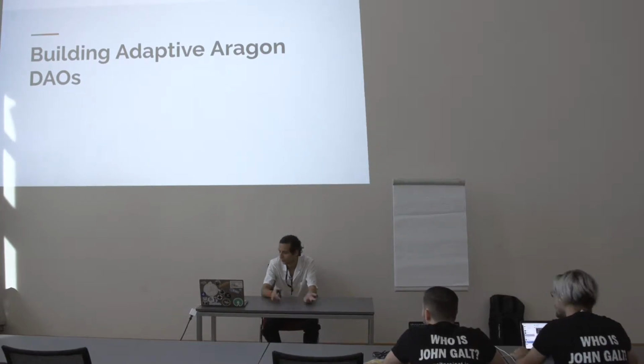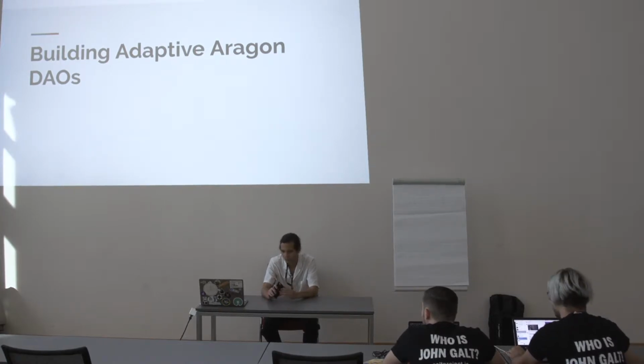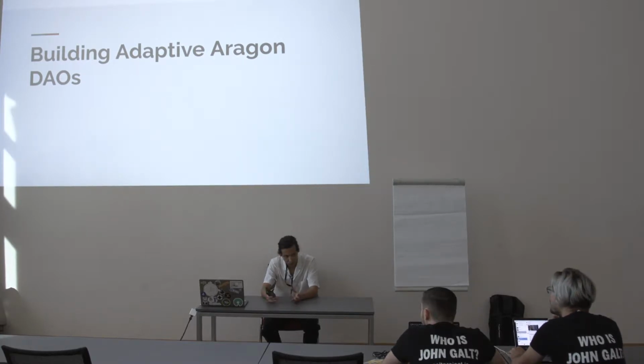So for the first hour, 45 minutes, I'm just going to give this presentation to go over everything in the tech stack, and then we'll build this demo app, and I'll try to explain how to structure your permission system to make these DAOs a little bit more adaptive.